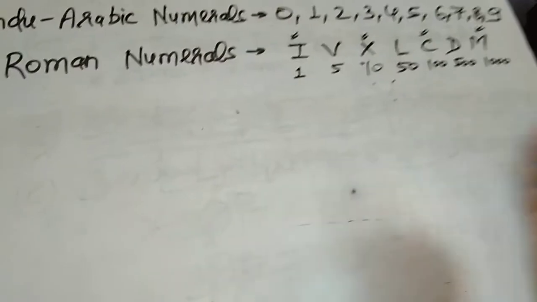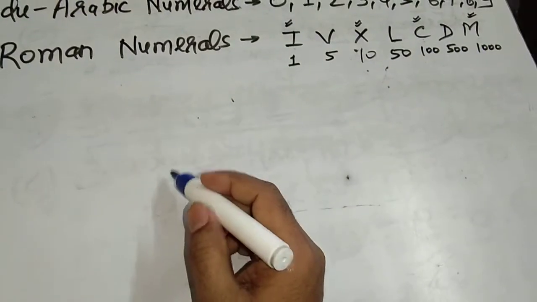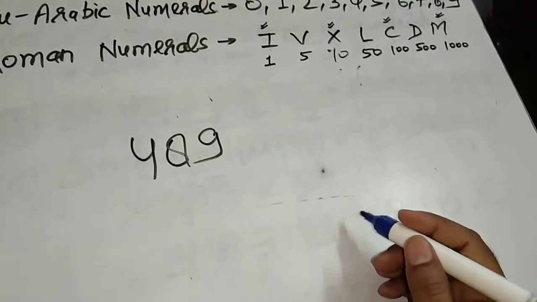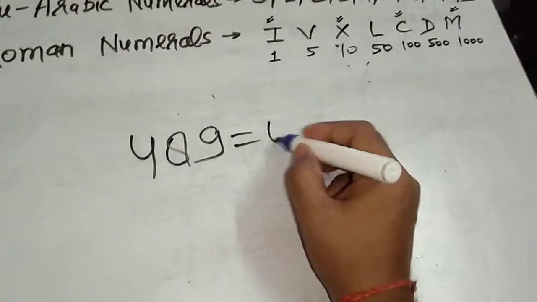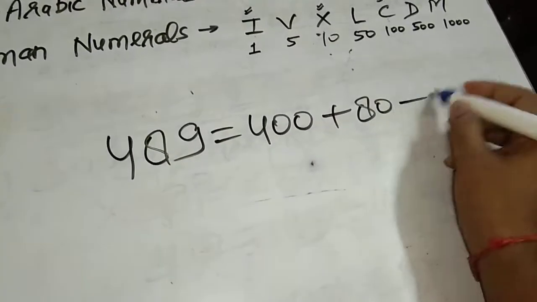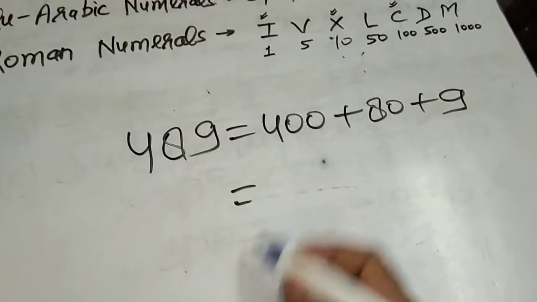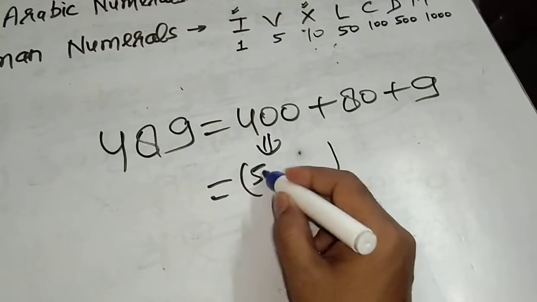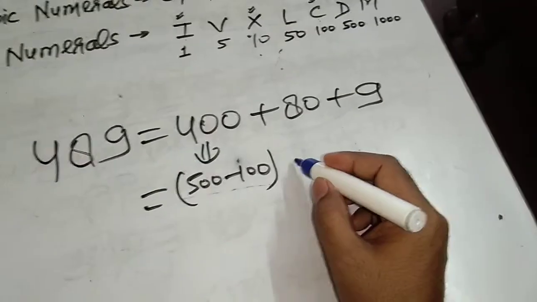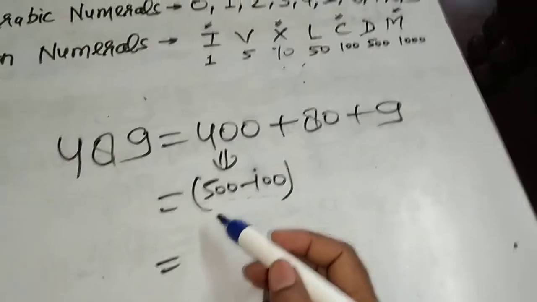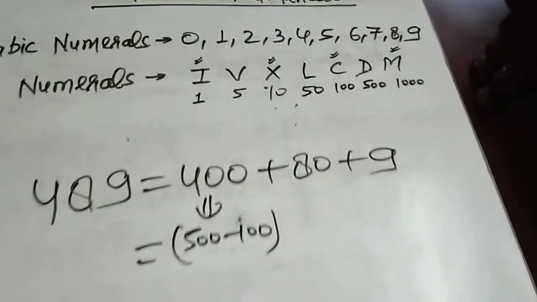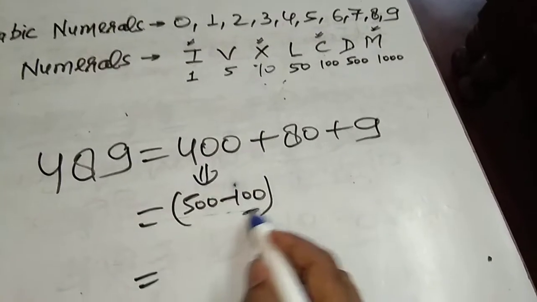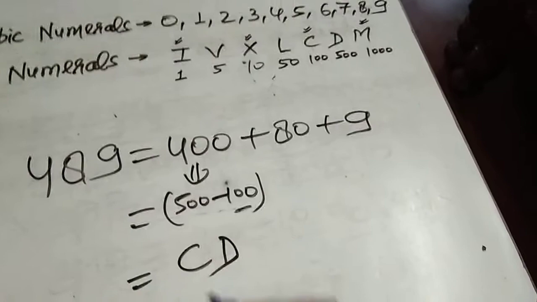Now take some examples of larger numbers. Suppose we have to write 489. How can we write it? We can break the number: 400 plus 80 plus 9. How can we write 400? Break 400 as 500 minus 100. The symbol of 500 is D, and there is subtraction, so we write the smaller symbol 100 first, then the larger, CD.